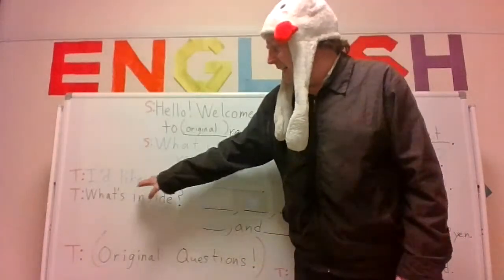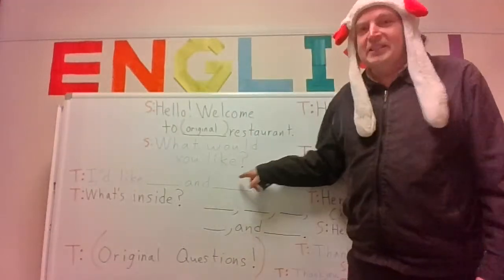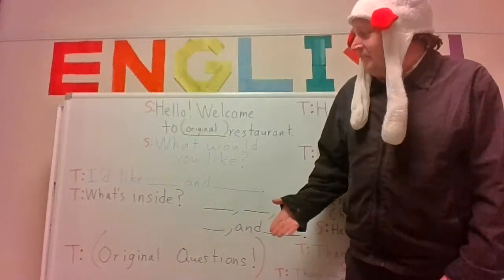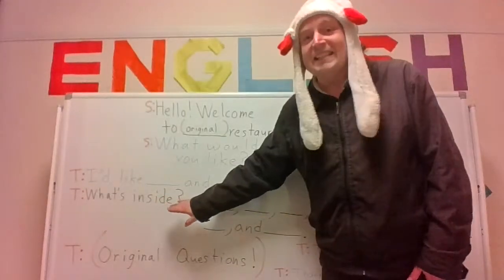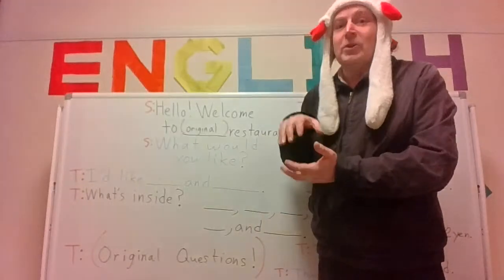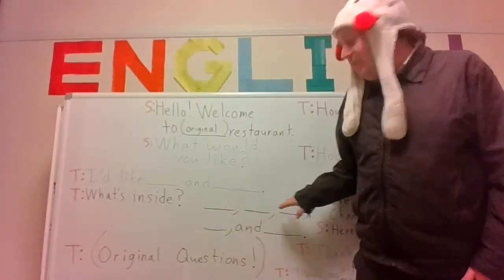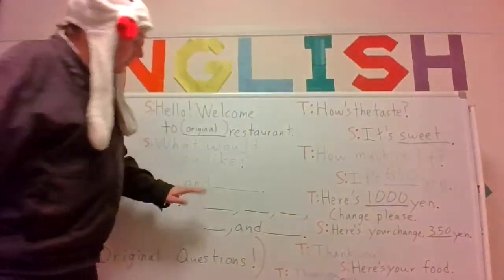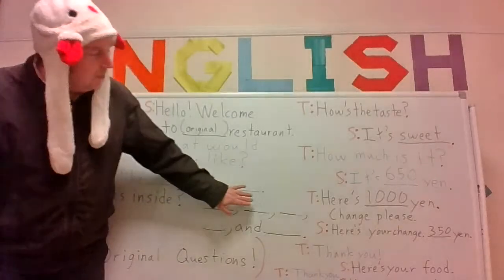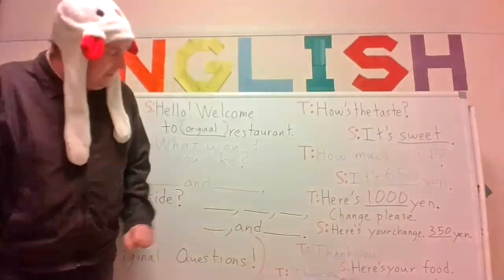So, "I'd like a very tall hamburger and a spicy French fry." The next one is a new addition: "What's inside?" What's inside the hamburger, what's inside the parfait. Then the students describe what they drew. Maybe it's a hamburger: there's meat, tomato, lettuce, cheese, and then whatever the last thing is.